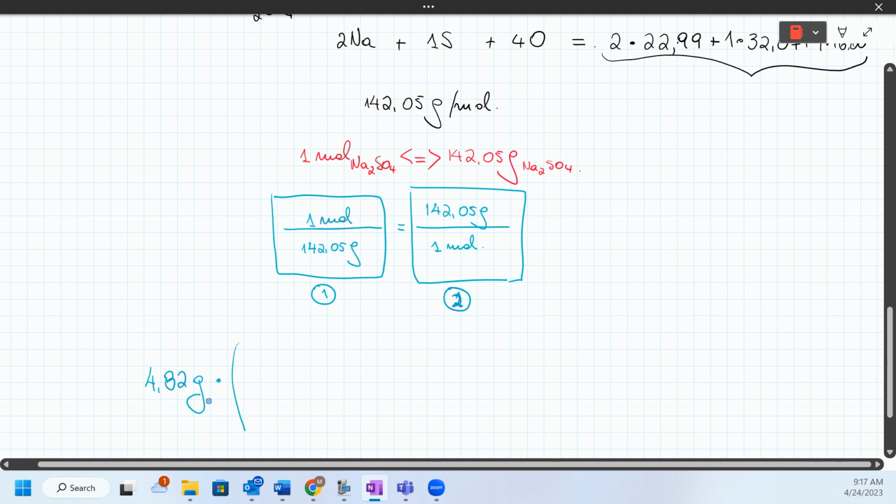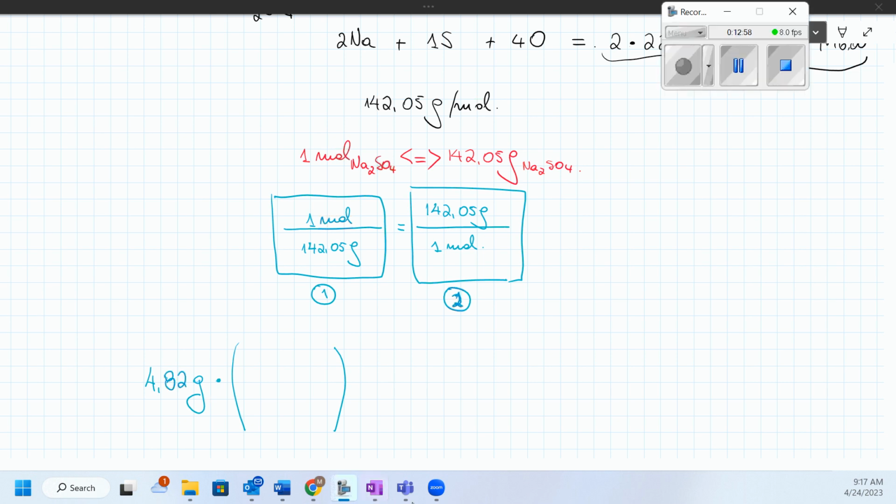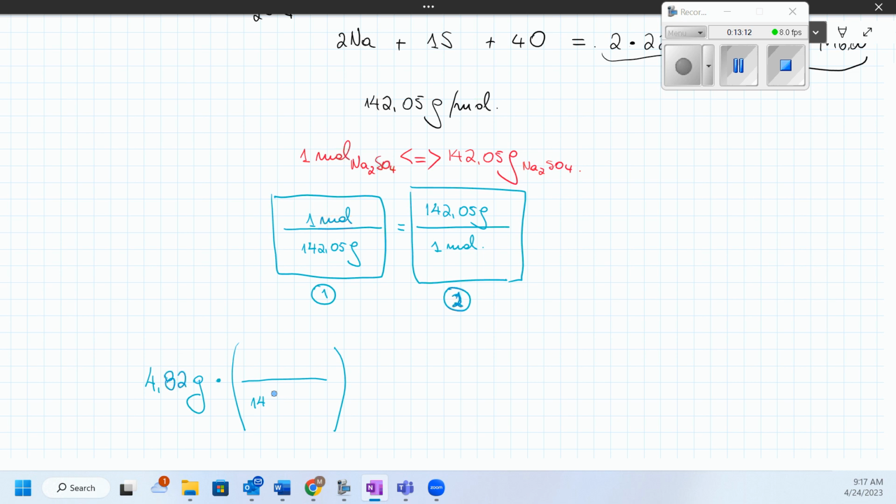times. What is the ratio that I have to multiply 4.82 grams by so that the grams are cancelled? A ratio 1 or ratio 2? Ratio 1, because grams are at the numerator, at the top, and in ratio 1, grams are in the denominator, or at the bottom.